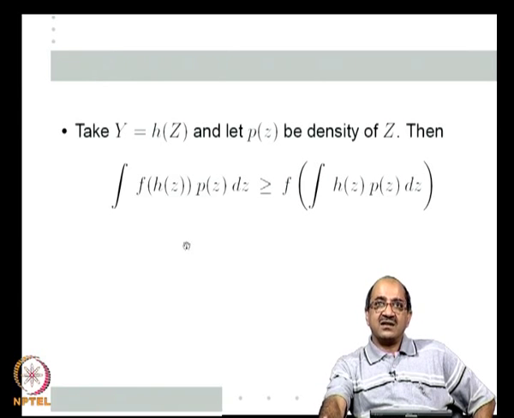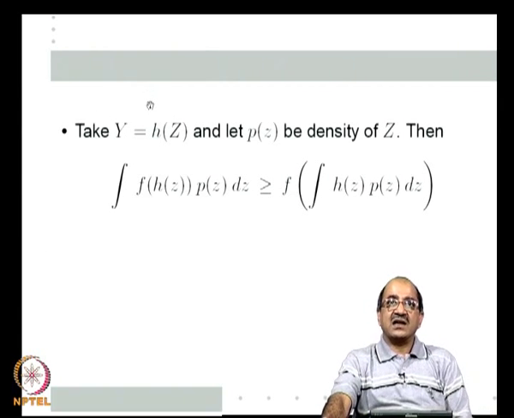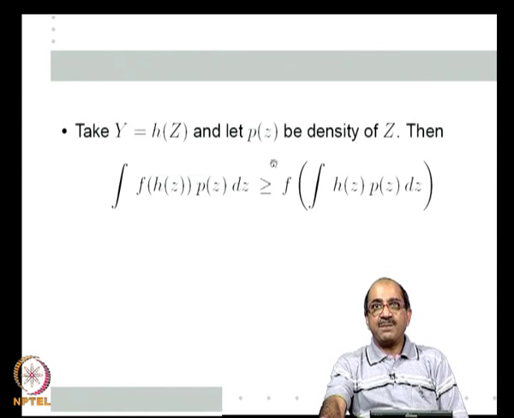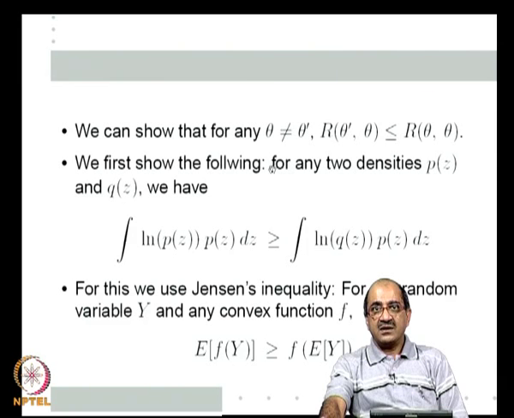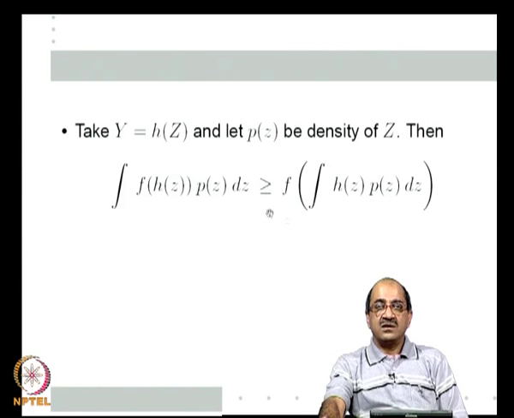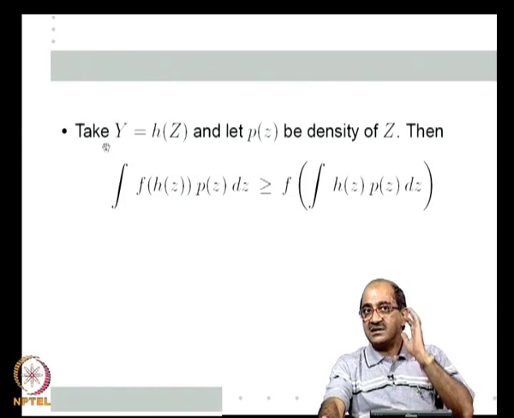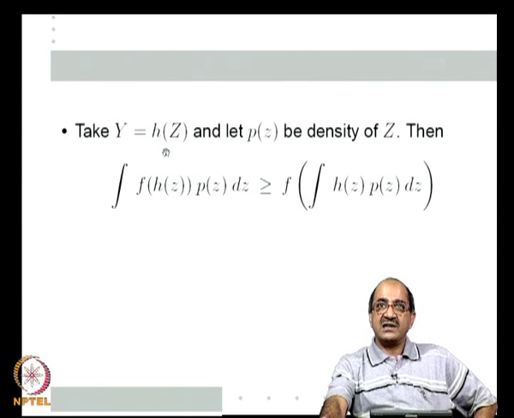So let us say y itself is a random variable which is a function of the random variable z. Take y equal to some h of z, and let P(z) be the density of z. Then the expected value of f of y is the integral of f of h(z) P(z) dz, because y is equal to h(z). The expected value of y can also be written as the integral of h(z) P(z) dz.